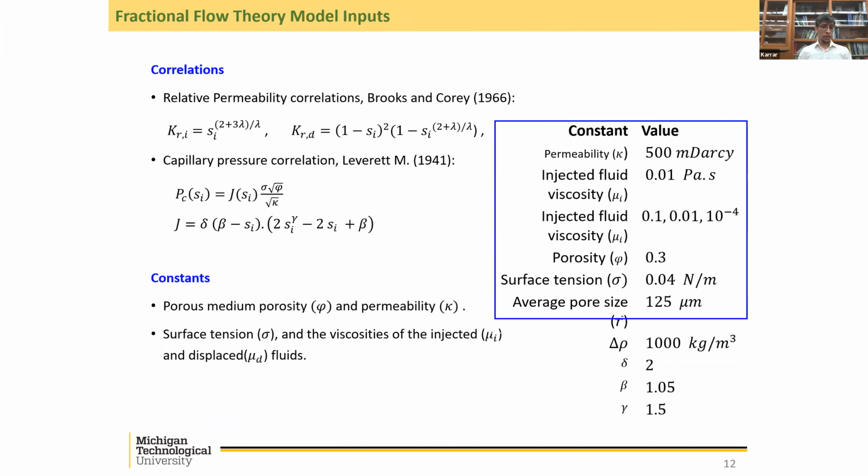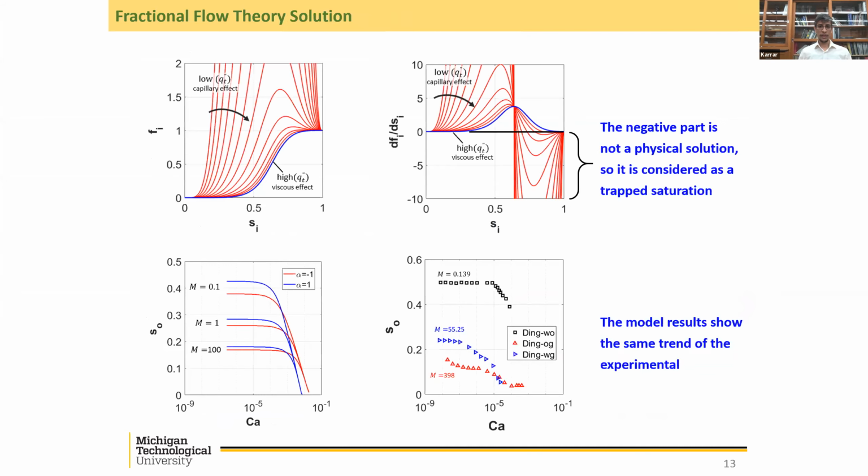Yeah, so there are some correlations that will be used in this model: relative permeability, capillary pressure, and other constants. Next, please. So the figure on the left represents the deviation from the original solution, which is the blue one. As the capillary effect is very low, we have a high deviation, and then it converges to the original solution.